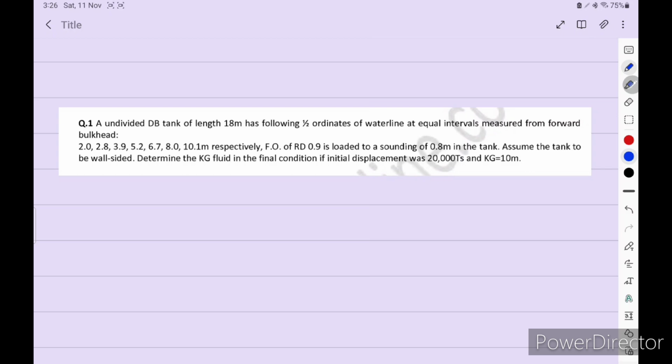Assume the tank is wall sided. Determine the KG fluid in the final condition at the displacement of 20,000 ton and KG is 10 meters. This is also a past MMD paper, very simple, for 35 marks. We'll solve this also.